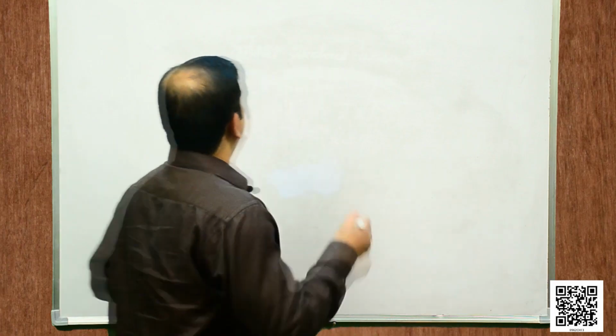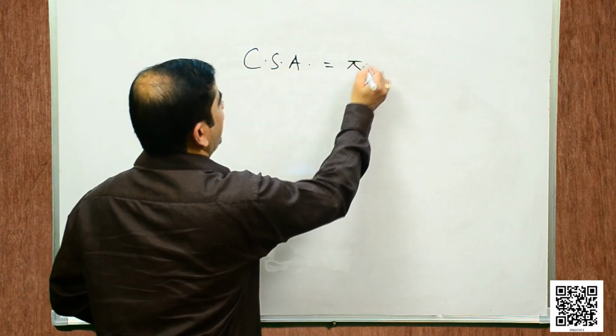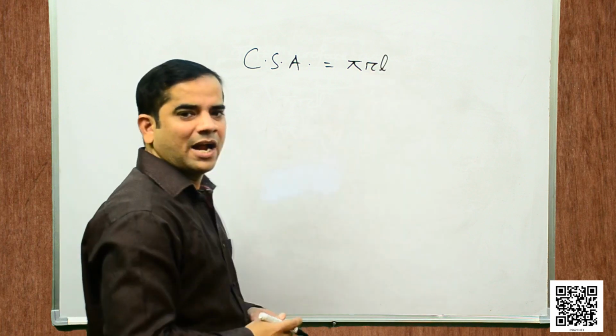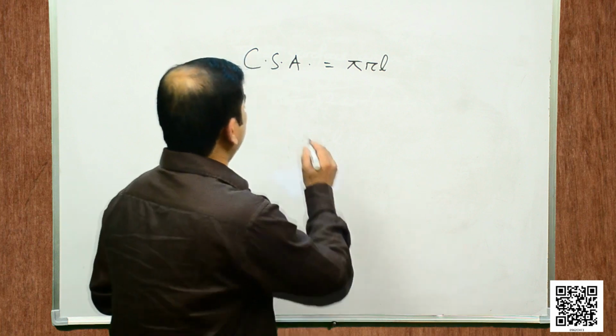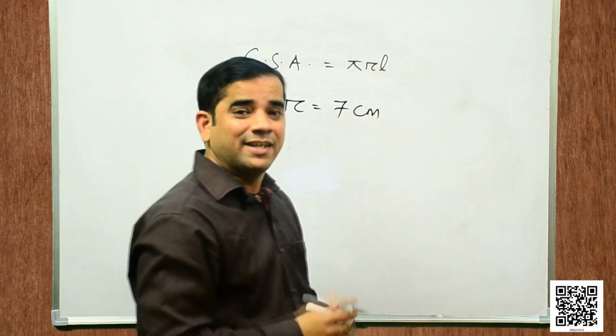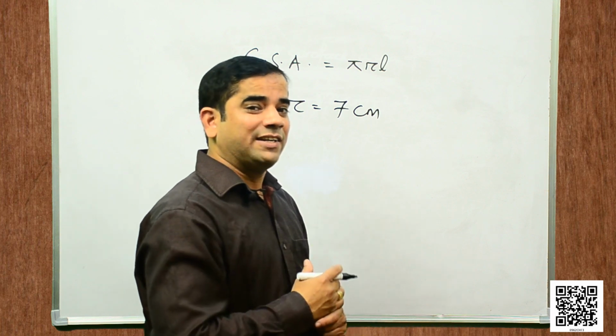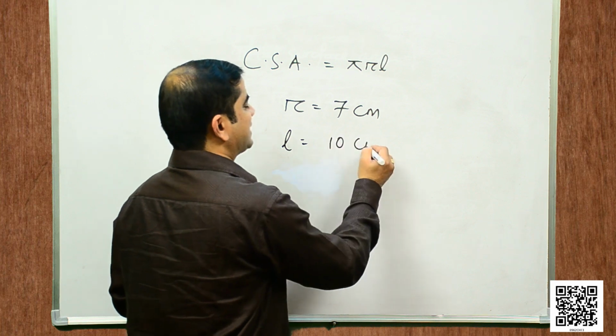We know the curved surface area for a cone is pi r L, and here the radius is given as 7 centimeter, so r is equal to 7 centimeter. What else? The slant height is also given. It is 10 centimeter, so L is equal to 10 centimeter.